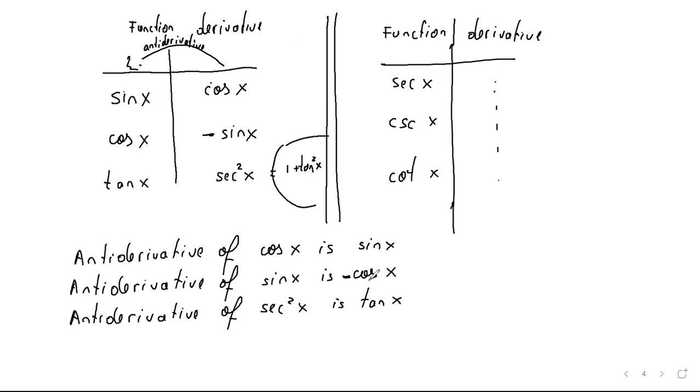So I'm going to say the antiderivative of sine x, let's start with sine because for whatever reason people like to start with sine, is, and if you look back in the table, sine was the second one, negative cosine x.